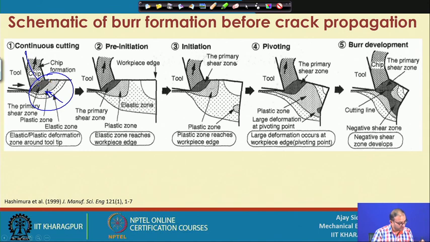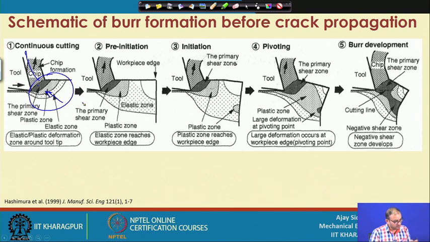That means the material is not deformed directly at the shear plane, but the deformation is initiated much before the shear plane, and that initiation continuously converts in terms of the shear plane angle. So, that is what is shown here: the elastic-plastic deformation zone around the tool. This is the elastic zone, plastic zone, and this is the shearing zone.